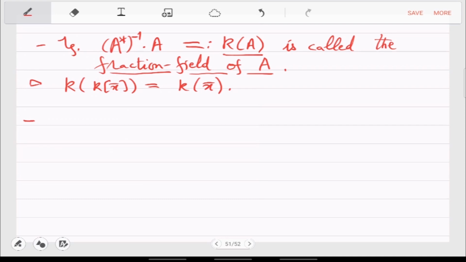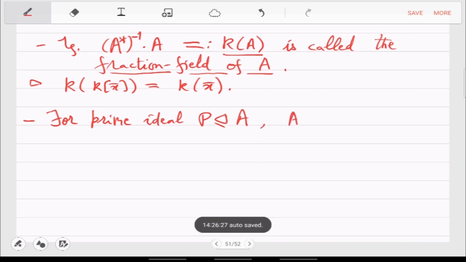Another thing we want is to take a prime ideal P of the polynomial ring A. What can you say about A minus P? If you take two elements in A minus P, is the product also there?